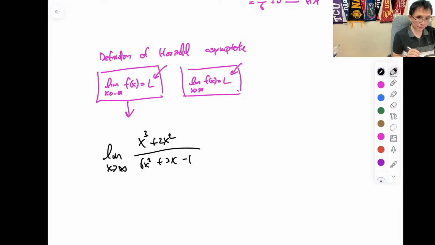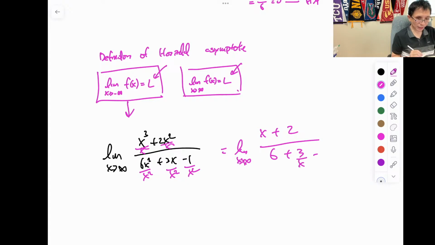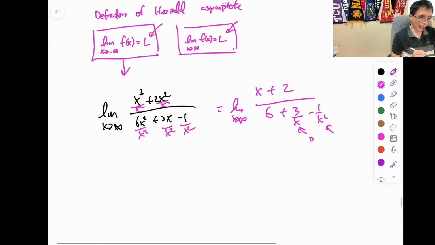If I divide by the highest degree of the denominator, which is x squared, the limit becomes x plus 2 over 6 plus 3 over x minus 1 over x squared. We know the bottom terms go to 0, but the top goes to infinity. So it's infinity plus 2 over 6. The 2 doesn't matter anymore, the 6 doesn't matter anymore. That's just going to be infinity.